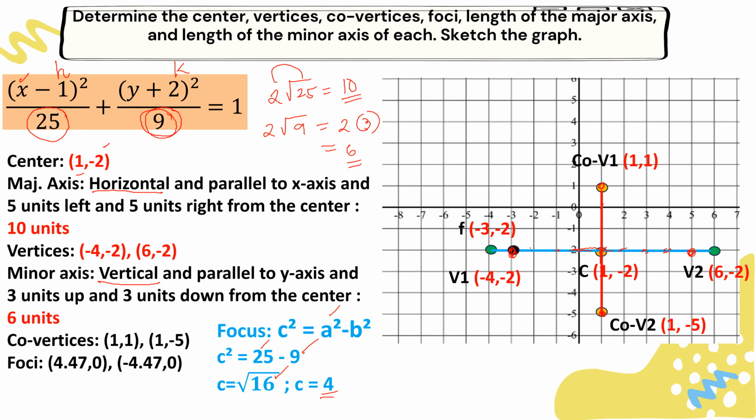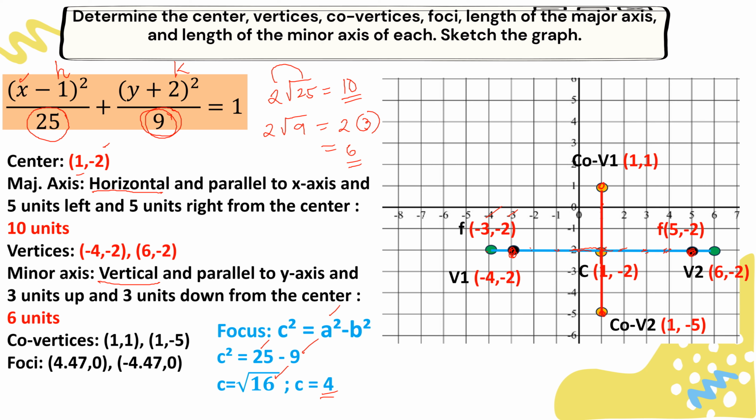The coordinates of our foci are negative 3, negative 2 and 5, negative 2.